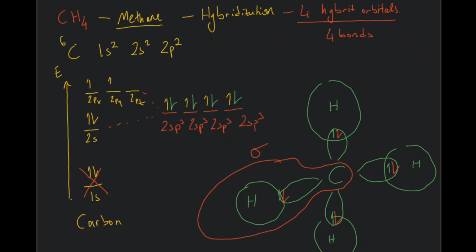There is a beautiful overlap of the 1s of the hydrogen and the 2sp3 hybrid orbital of the carbon, and it makes the beautiful bond. And as you know, CH4 has tetrahedral geometry, and the angle between these two hydrogens is 109.5 degrees.